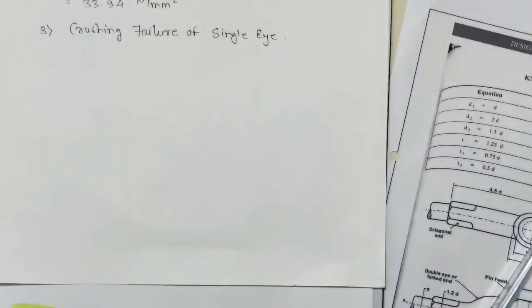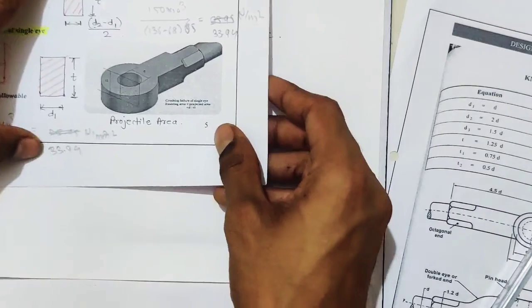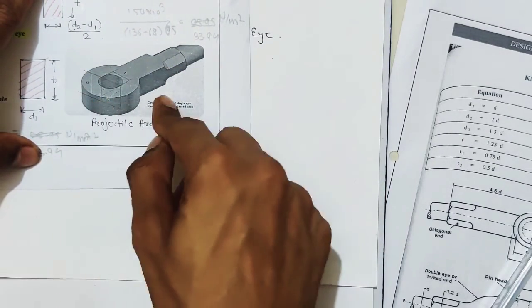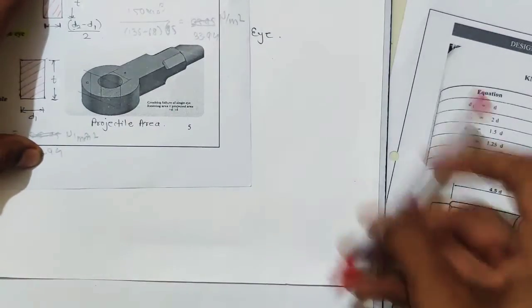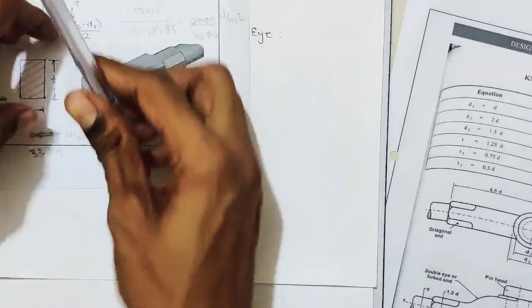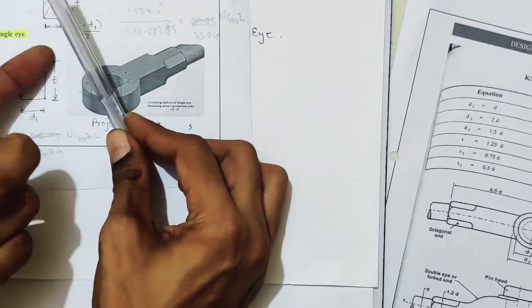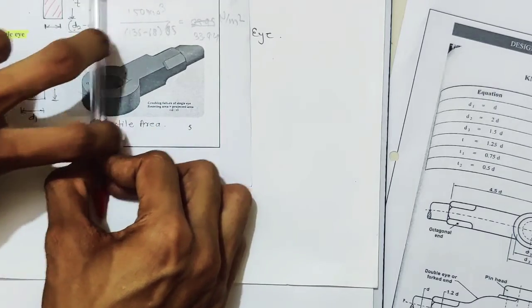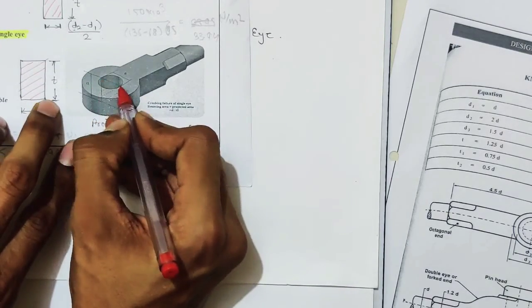So now just consider this single eye. Now this pin which is inside the slot, when you are pulling this pin, it is going to touch this surface.